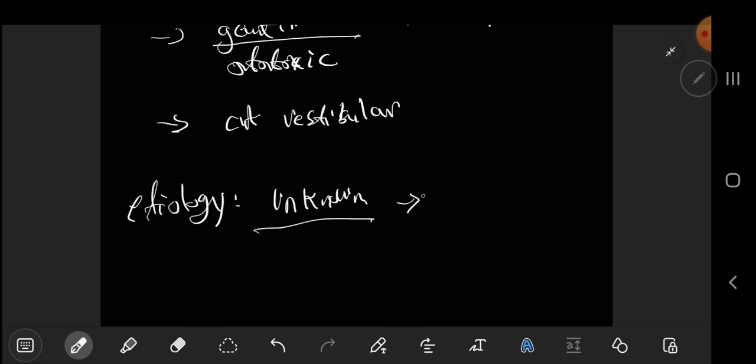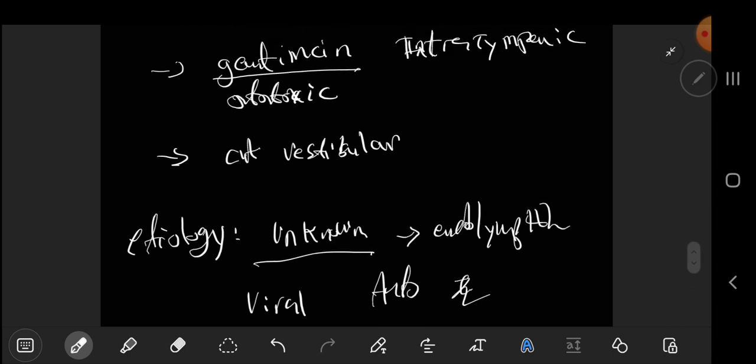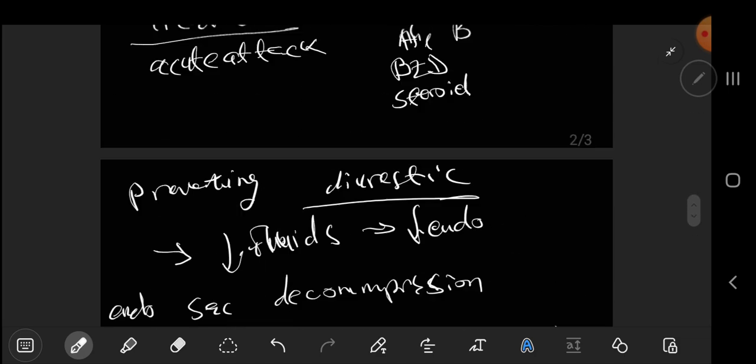The pathology that can be seen, again, is endolymphatic hydrops, but why the endolymph is becoming oversaturated is not really known. It may be viral, it may be autoimmune, it may be genetic. It's not really known. The etiology is not known, but we know that there is endolymphatic hydrops.